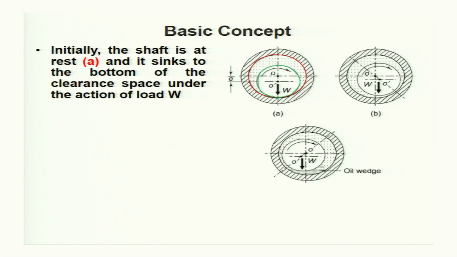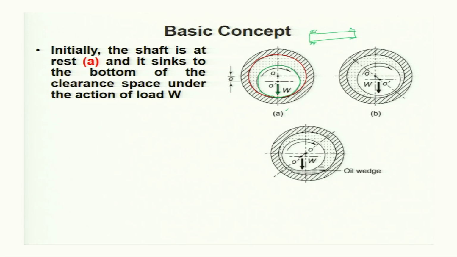The shaft sinks to the bottom of the clearance space under the action of load W. This radial load W acting on the shaft may be due to the power transmitted with the help of machine elements such as gears, belt and rope drive, or chain and sprocket.